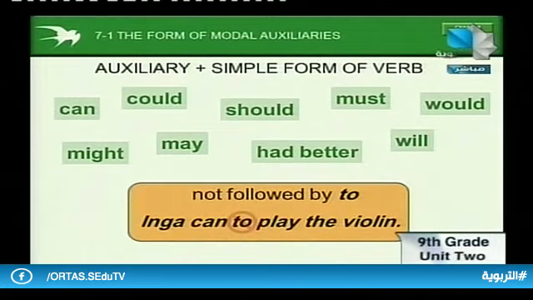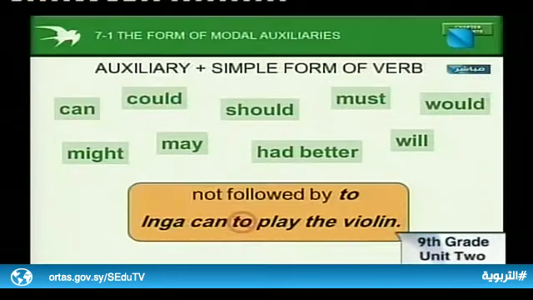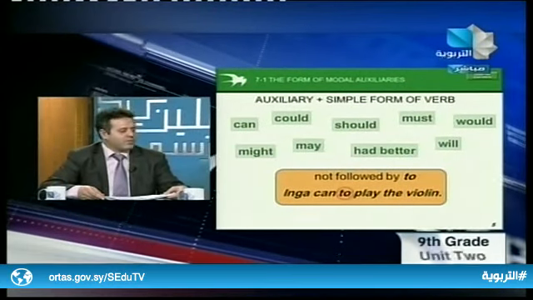So they are not followed by to. You cannot say in English, Ali can to play the violin. We must say, Ali can play the violin, without to. Very good.